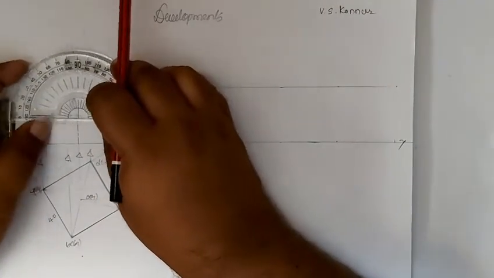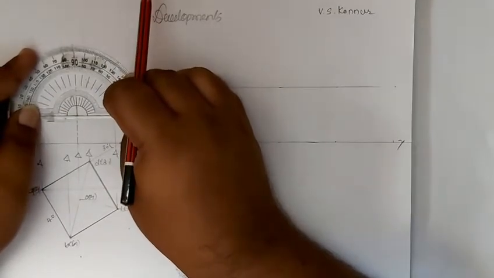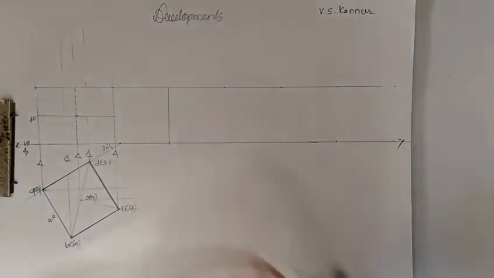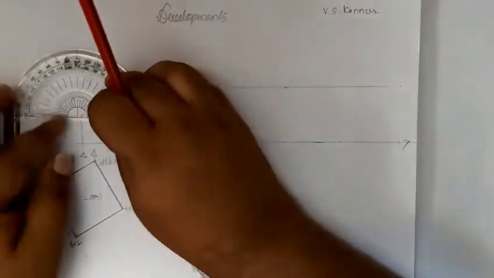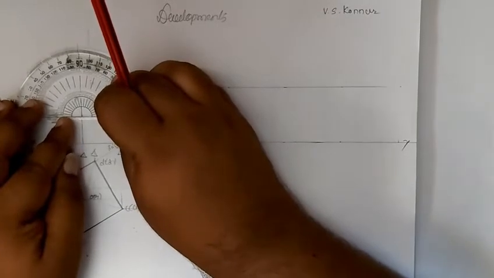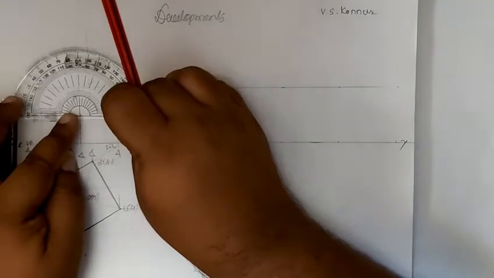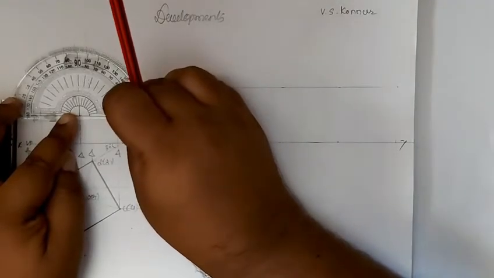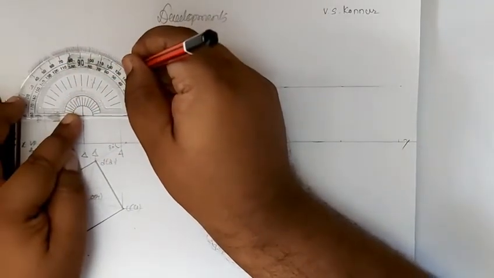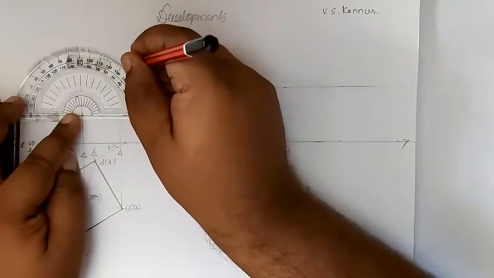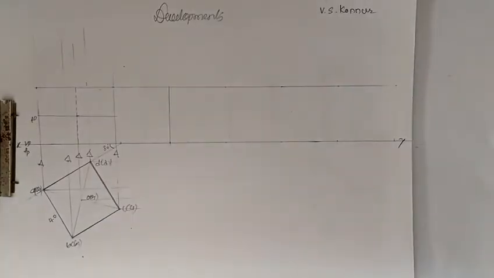That is the cut section which is inclined at an angle of 45 degree. So we'll take a 45 degree line. The cut section is 45.